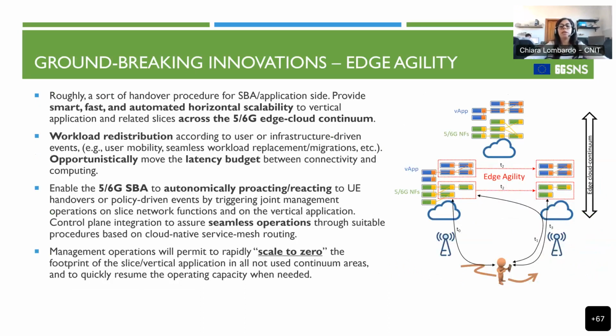The idea is to make a sort of horizontal scaling in order to redistribute the workload according to the events driven by the user or the infrastructure, which means either a typical handover, where the user is moving and the application and network functions move along with them, or maybe resources are available in one micro data center, and they can be served with renewable energies, just to make an example.